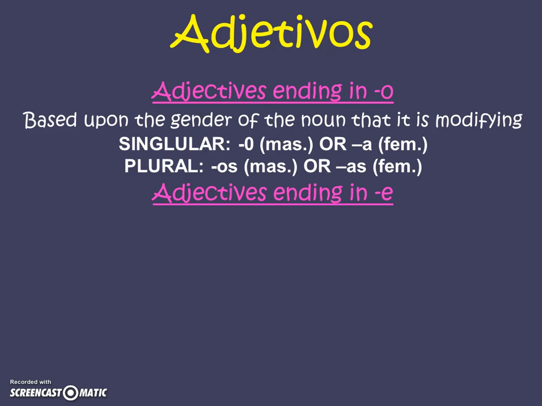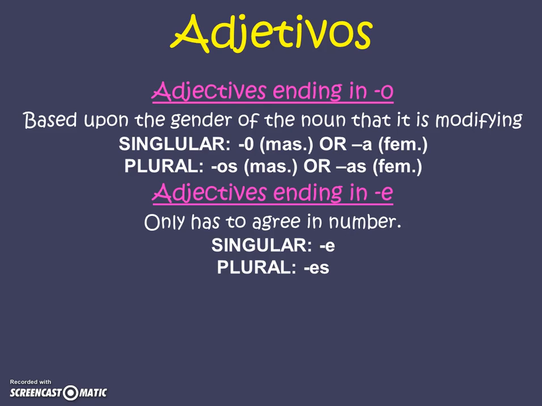If we have adjectives ending in E, it only has to agree in number. Okay, we don't have anything to change. Remember we talked about an example, inteligente, intelligent. Because it ends in an E, there is no O or A to change, so it stays as an E. However, if we're talking about multiple people that are intelligent or multiple things that are intelligent, we're going to have to change it from singular to plural.